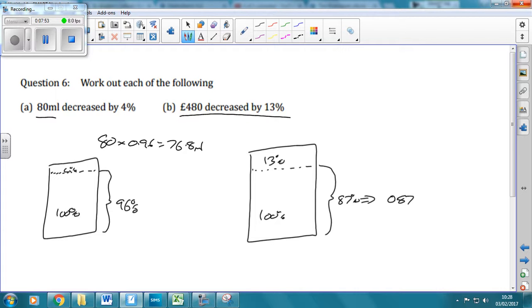So we're going to do 480 times by 0.87. So just bear with me. 480 times by 0.87 equals £417.60. That's going to be pounds and 60 pence.